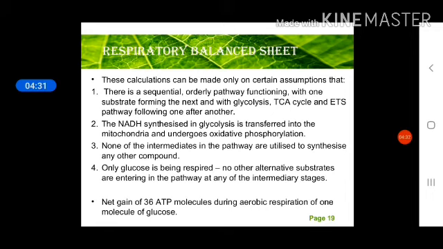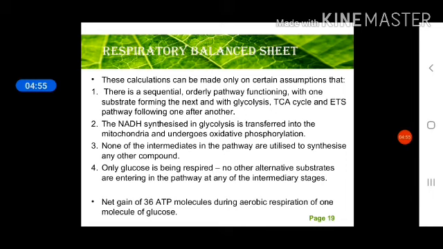Now we can calculate the ATP through NADH2. You know that from one NADH2, 3 ATP is obtained. So 2 NADH2 were produced in glycolysis, 2 in the link reaction, and 6 in the Krebs cycle, if we talk about the Krebs cycle running twice.